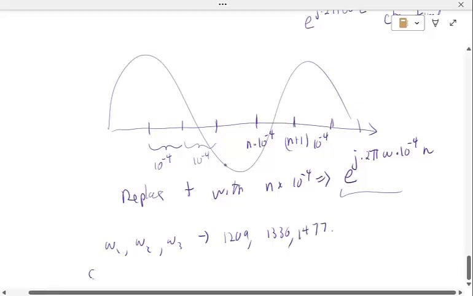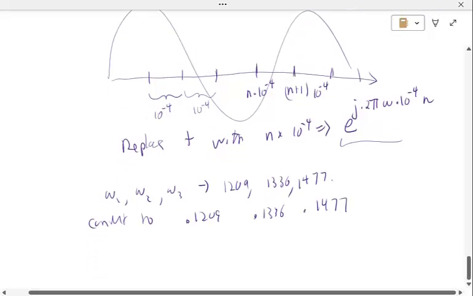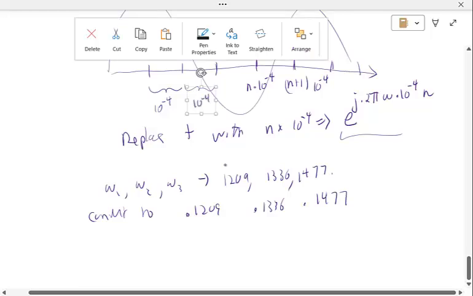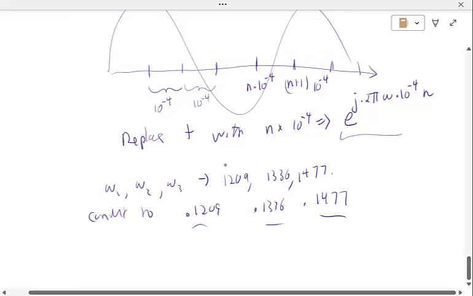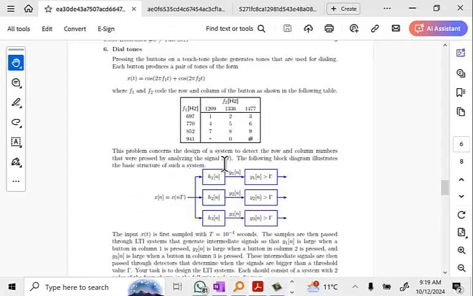We're going to convert those by multiplying by 10 to the minus 4th, so it's going to be 0.1209, 0.1336, and then 0.1477. And we're feeding those into three different systems with three different impulse responses.